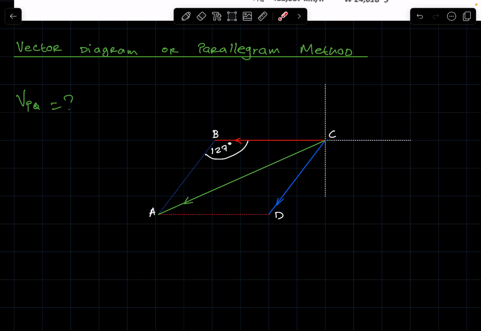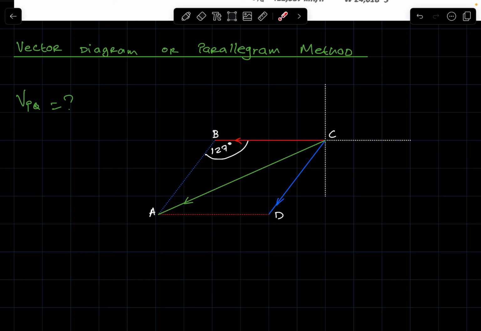It is important to establish angles because in using the parallelogram method, we either have to make use of the cosine rule or the sine rule. We use the cosine rule if the angle that we've established is an included angle.